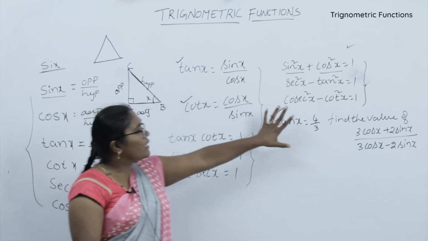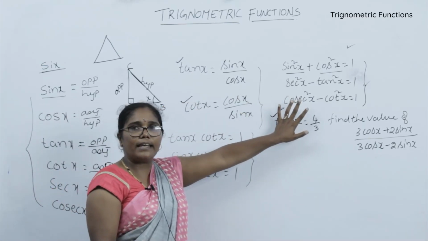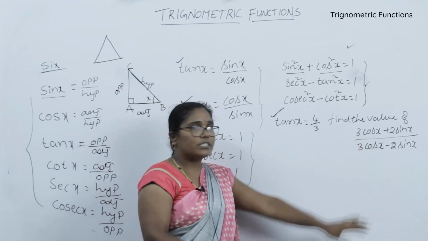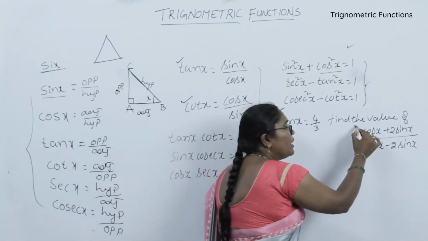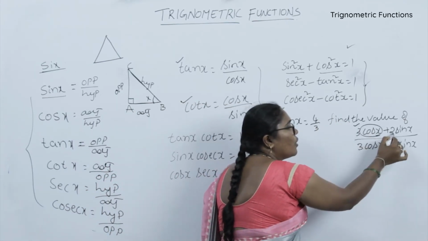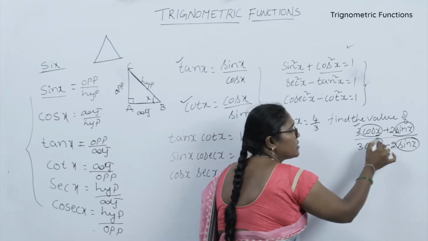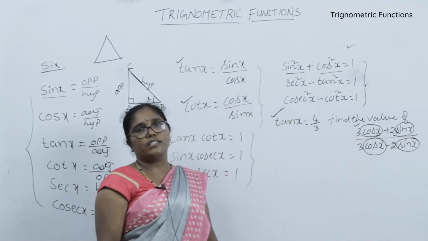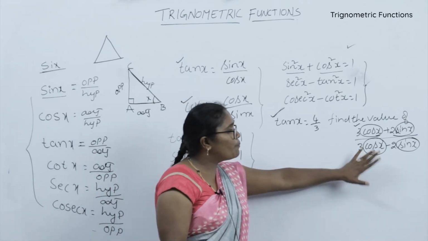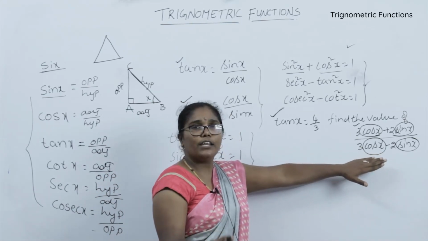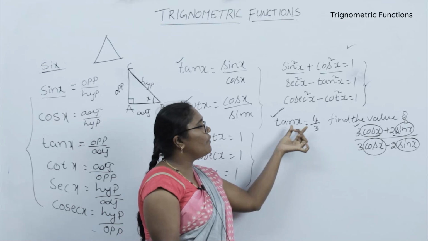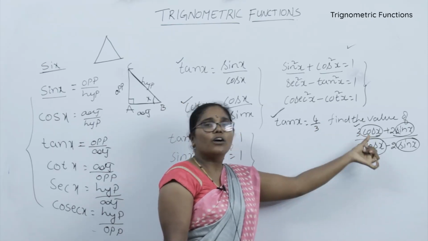So if the question is given in tan x, see the question properly here. The question is only in terms of cos and sine. In this question, if they had given tan x, you can divide with cos x.